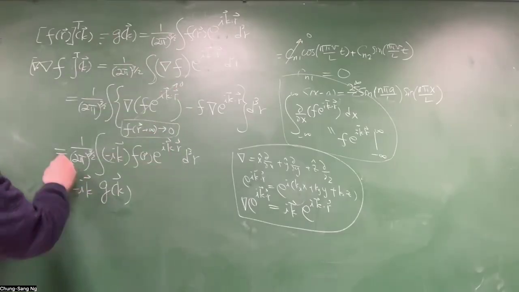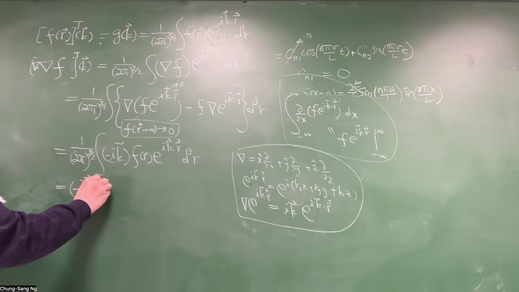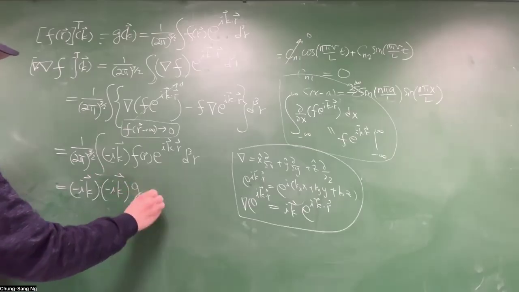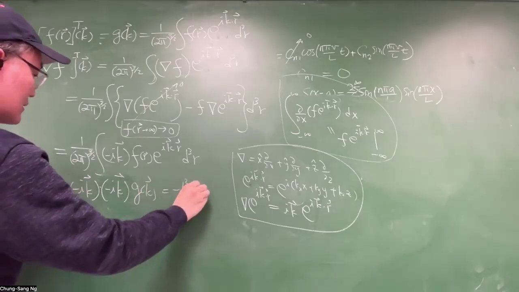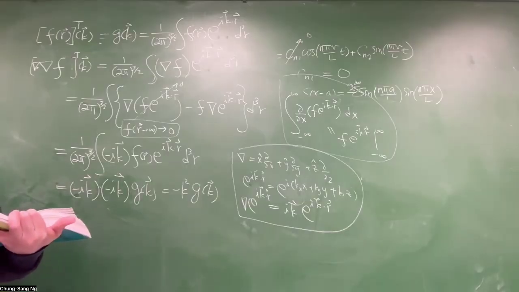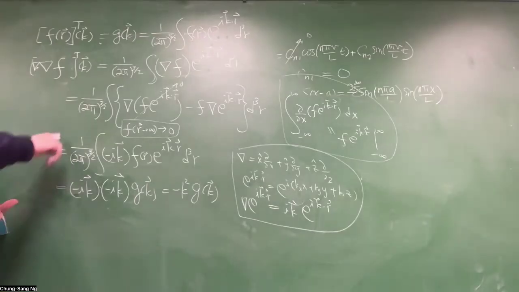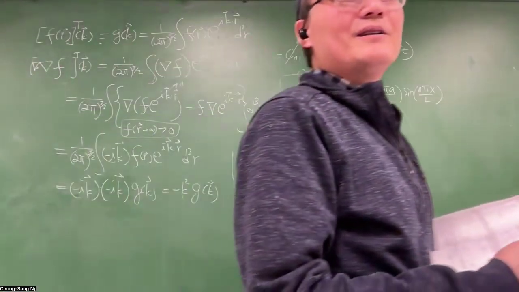Instead of going through everything, that one would be minus i k dot minus i k times g, which is minus k squared. That is the Laplacian. I skipped the integration by parts because it's exactly the same.